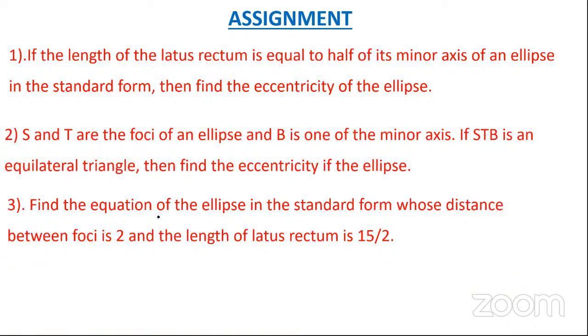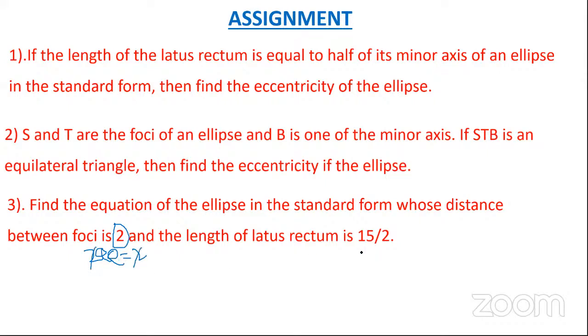Find the equation of the ellipse in the standard form whose distance between the foci is 2 and the length of the latus rectum is 15 by 2. The distance between the foci is nothing but 2ae, so 2ae equal to 2, and you will get ae value is 1.